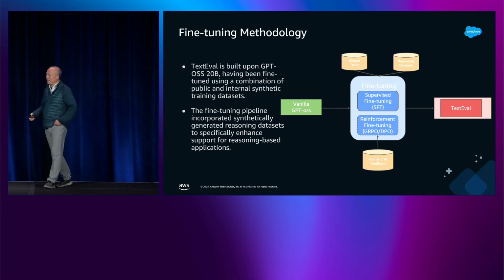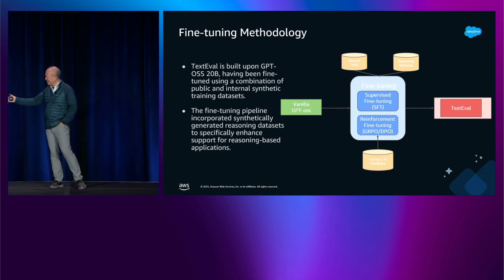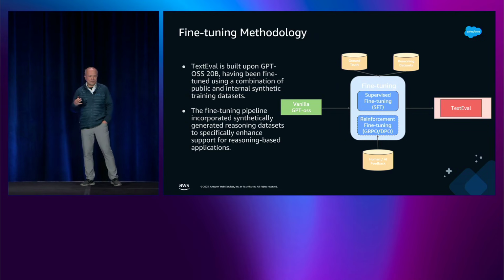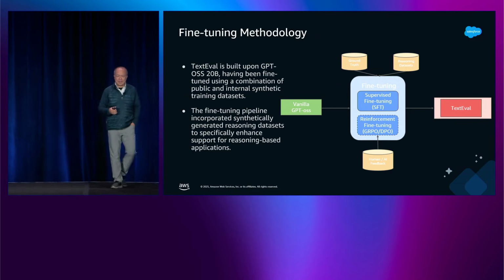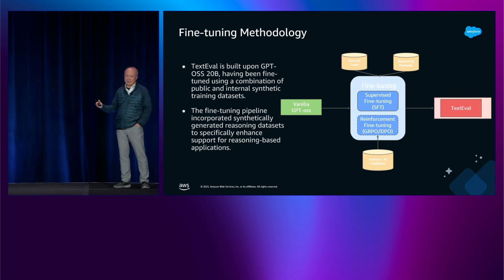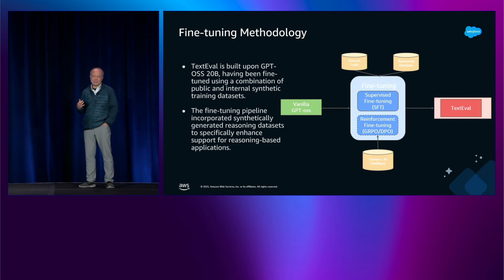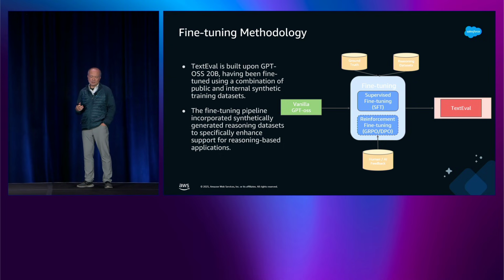So the methodology that we went through, exactly like Shreya was describing, involved a number of things that we were doing. This is before this amazing, easy-to-use product is available. This is quite a bit of work. The base model is a GPT OSS 20B, and it is being fine-tuned using a data set that is both publicly available as well as synthetically generated SDG data.